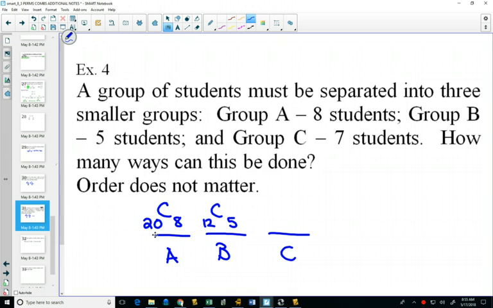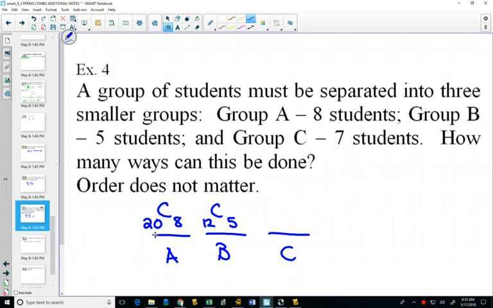And then group C, how many ways, without a calculator, can I make group C now? I've made group A. I've made group B. How many ways can I make group C? Right. Just one way.